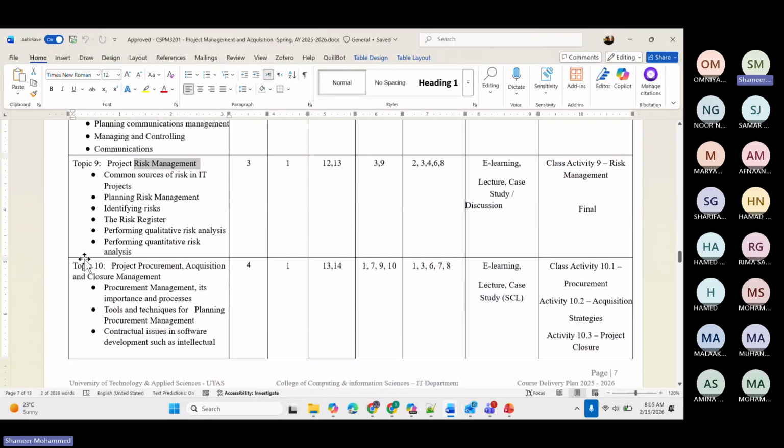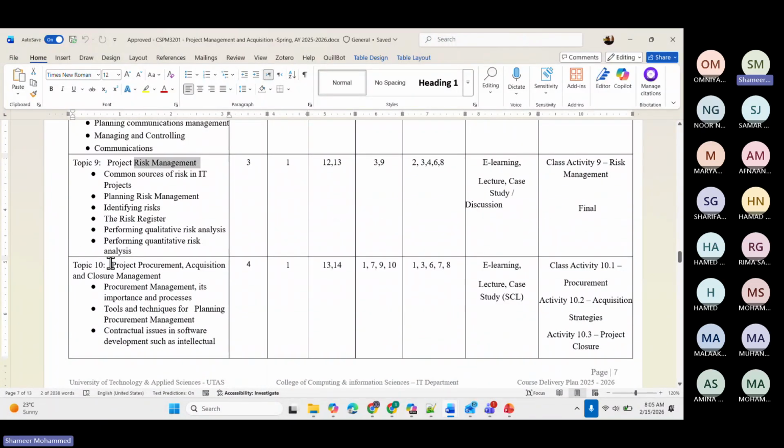Then the last lecture is about project procurement. Procurement means you are going to get some services, like internet, hardware, software, networking. These services you will get from outside people. Next, acquire those products and close the process.